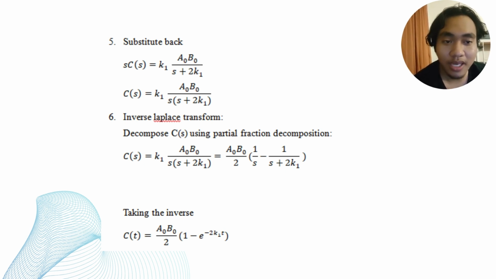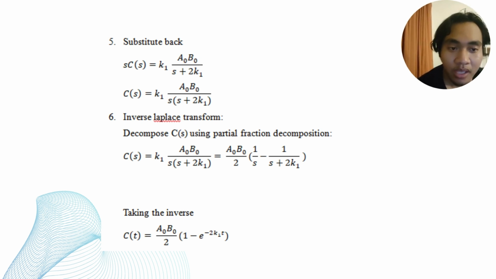So it will look like C(s) equals k1 A0 B0 over s(s plus 2k1), which equals A0 B0 over 2 times (1 over s minus 1 over s plus 2k1). Taking the inverse, C(t) equals A0 B0 over 2 times (1 minus e^(-2k1 t)).